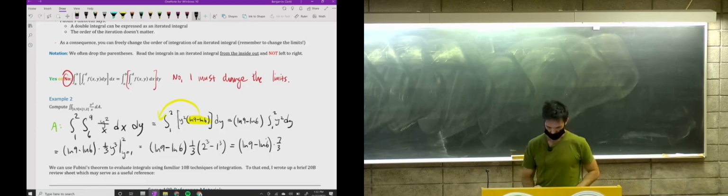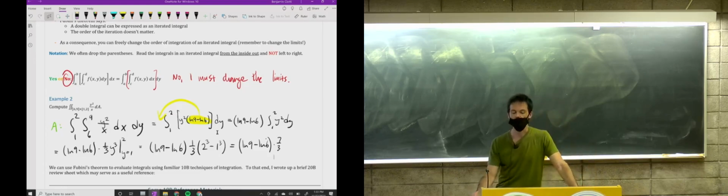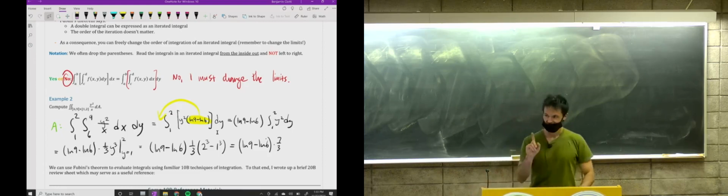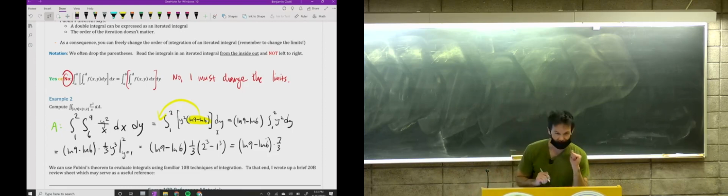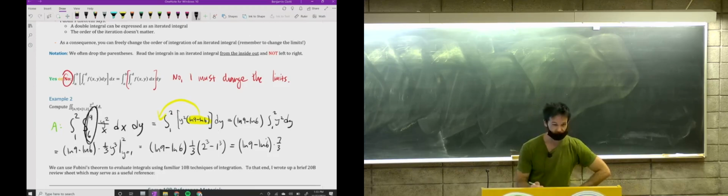Okay. So, any questions? Yeah, Brian? So, it was actually up to you which one you wanted to do first. So I could have gotten the same answer if I had integrated with respect to y first. Now, are you asking how did I know that these were the x limits? Yes.